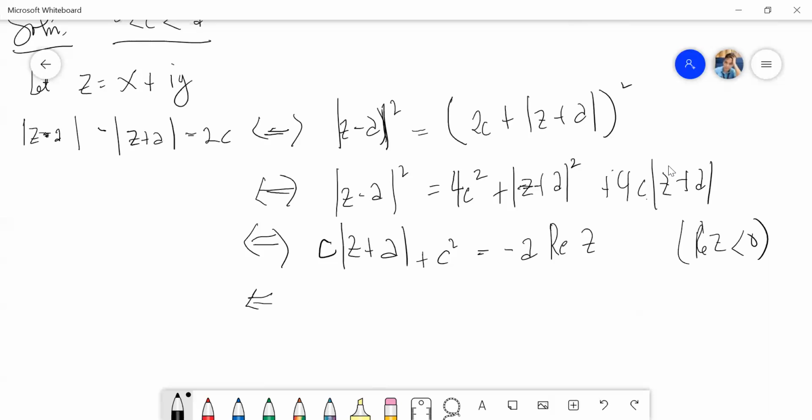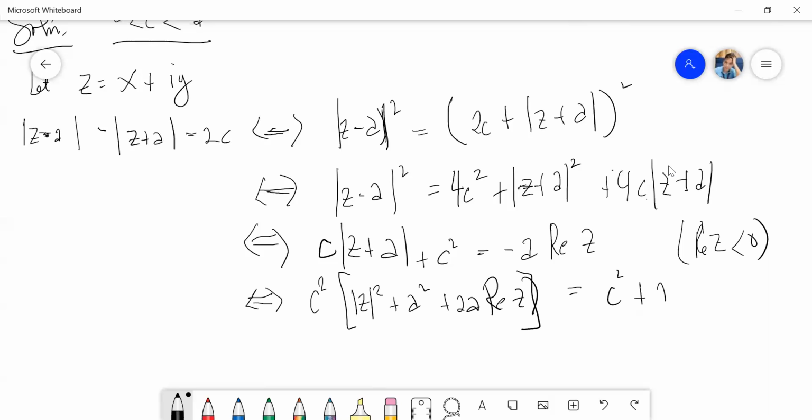And by the way, this is equal to c squared times the square of the modulo of z plus a squared plus 2a times the real image of z. This is equal to c squared plus a times the real image of z, and this is squared.